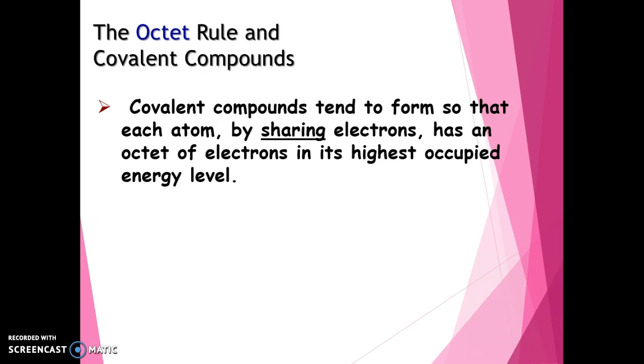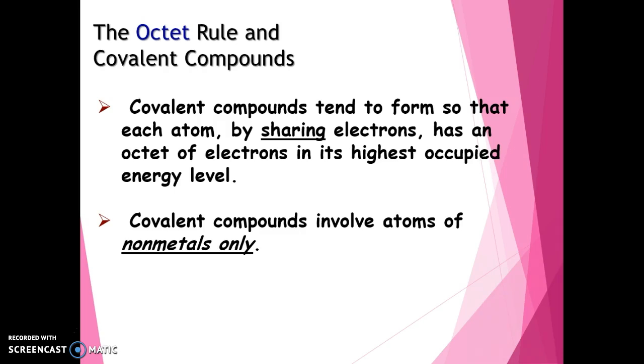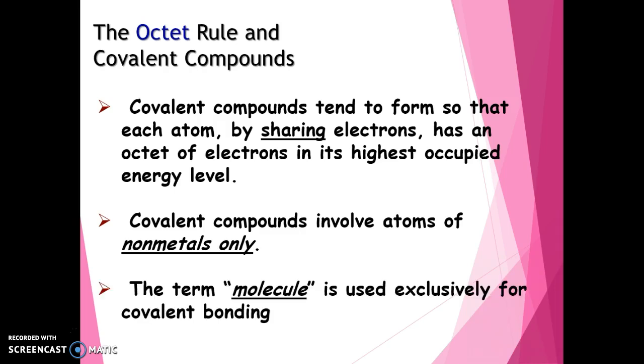Octets are important. Covalent compounds involve atoms of only nonmetals, because only nonmetals will share. The term molecule is used exclusively for covalent bonding. So we know they're sharing electrons, covalent compounds are only nonmetals, and the term molecule belongs to covalent bonds.